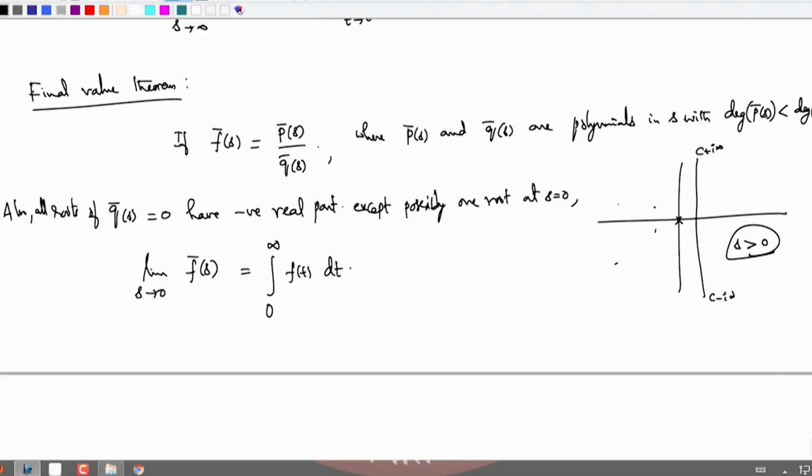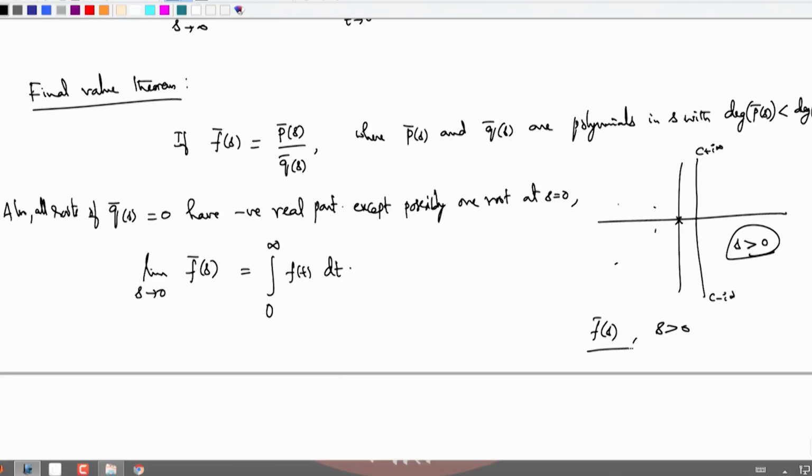Okay. If you have something like this, in a simple form, or any f bar of s which is the Laplace transform of some function f of t, and it is well defined for s positive, that is possible only if this Laplace transform has all the poles, all the singular points, on the negative side of the s complex plane.